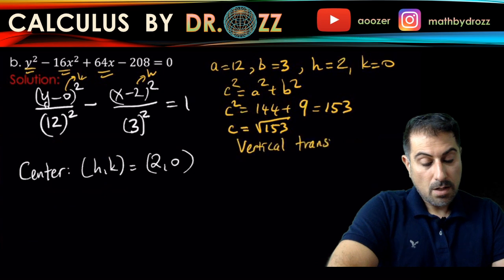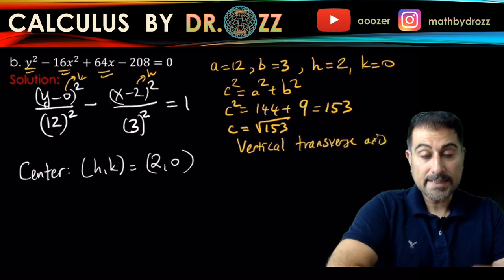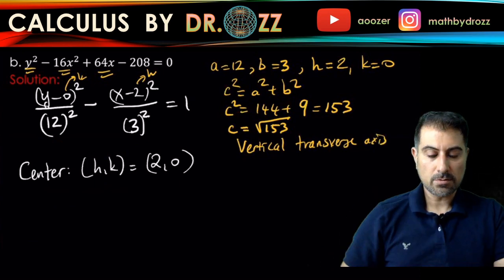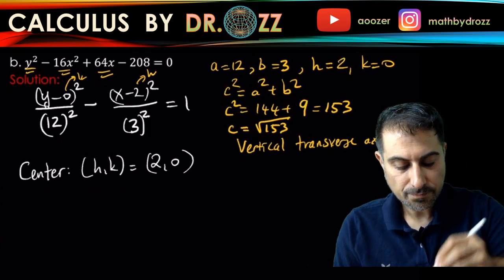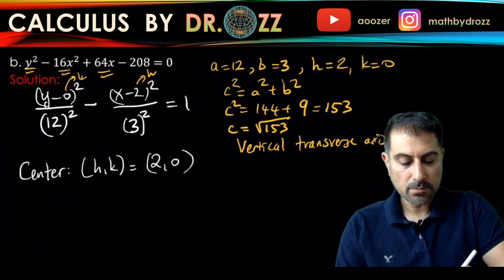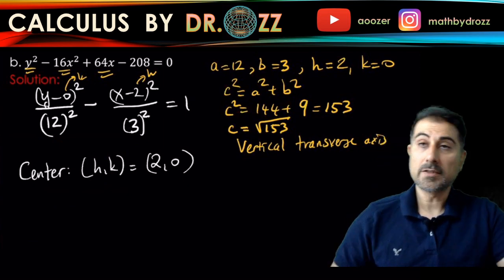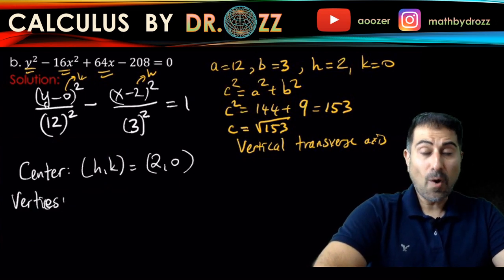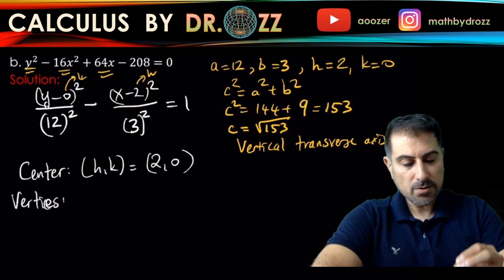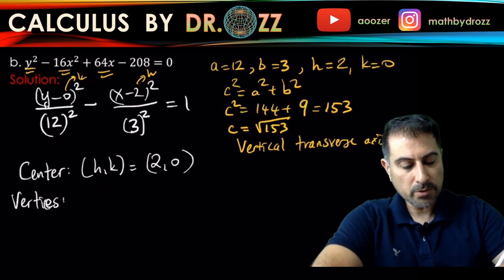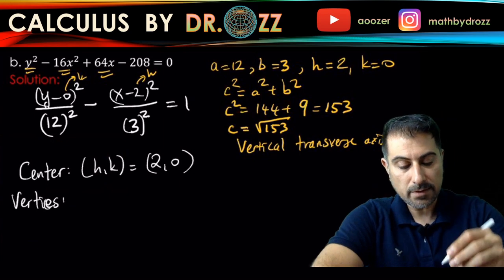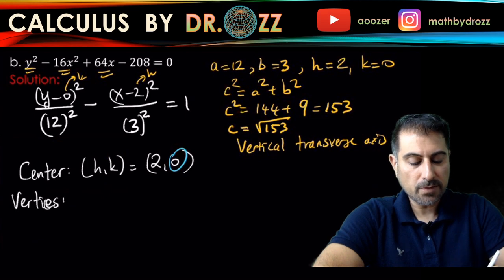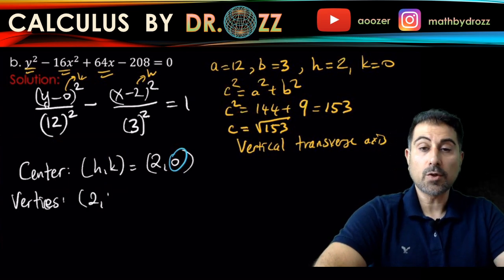Therefore, the center, foci, and vertices are all lined up in the y direction. Let's write down the coordinates of the vertices, and these are a units apart from the center in the y direction. Since the center has y coordinate 0, I'm going to add and subtract 12 from that. So (2, 12) and (2, negative 12) are the coordinates of the vertices.